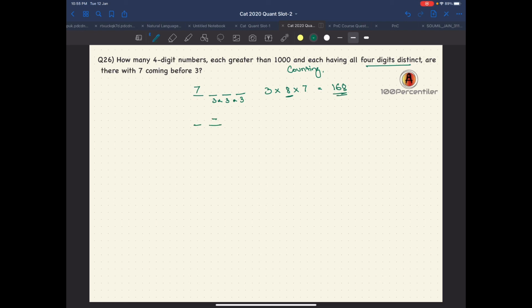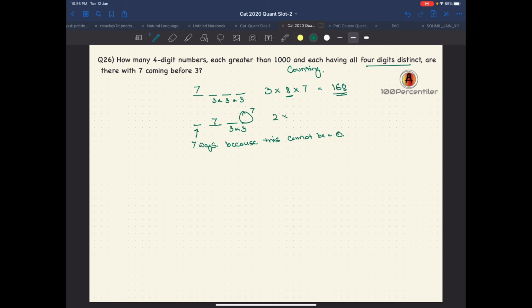Now the next case is 7 at the next place. Now 3 could come here or here. Now in each case this particular digit could be filled only in 7 ways, because this cannot be a 0. But the remaining place would still have 7 ways to be filled, because once we have filled 3 digits, we'll be left with 7 digits.